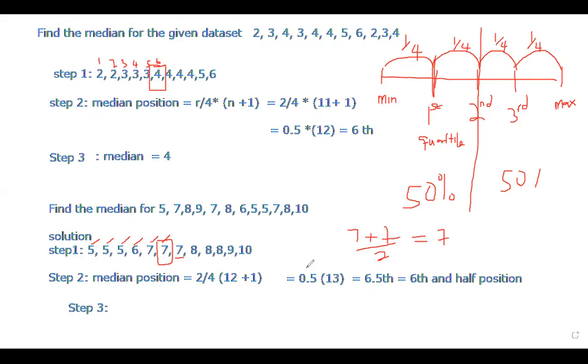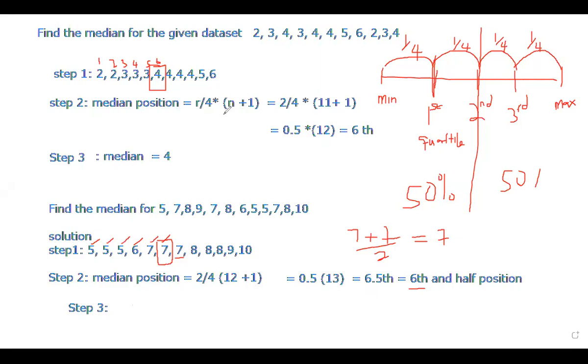Now let's look at that general procedure. What is the general procedure? It says that if you want to find the median, you first find the value in the sixth position, and then apply the half. So go and find the sixth position. It was 7.